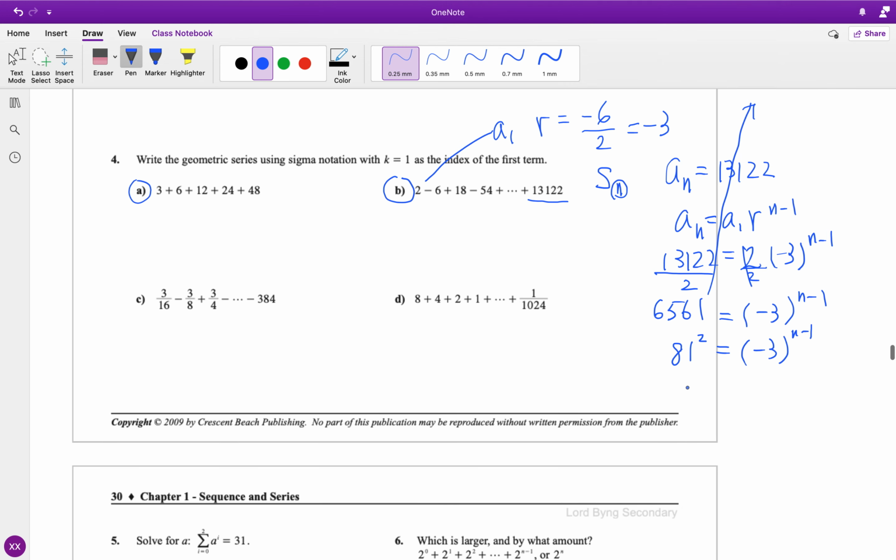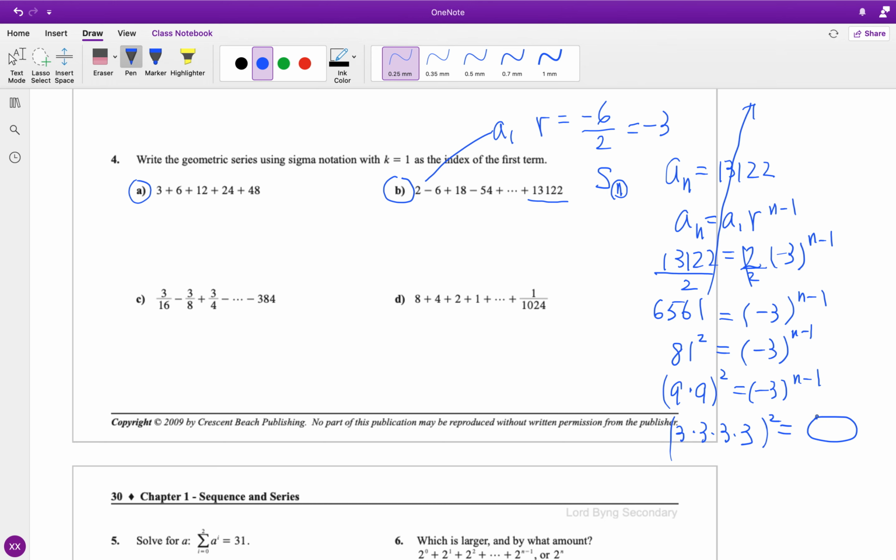So 81 means 9 multiplied by 9. 9 multiplied by 9 means 3 multiplied by 3, okay, so that means 9 multiplied by 9 to the power of 2. This one is still over here. And then this means that and that. So that means 3 and 3 and 3 and 3 to the power of 2.